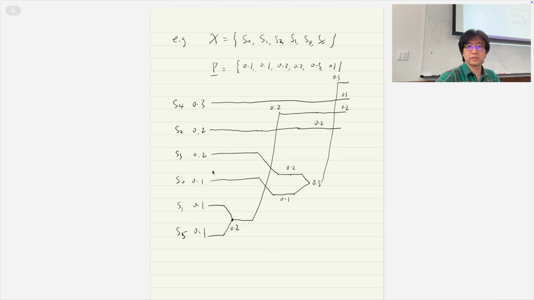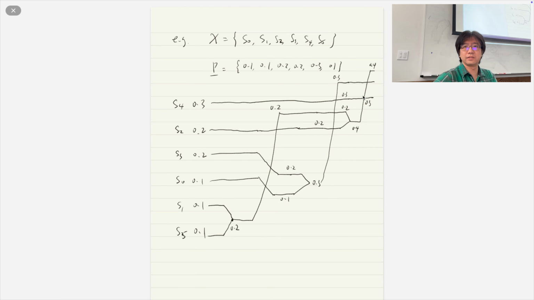Okay, so now the smallest two are this 0.2 and this 0.2, right? Then we're going to combine these. Okay, so now we have a 0.4, and then we put that on the top. This is 0.4, and this is 0.3, and this is 0.3.